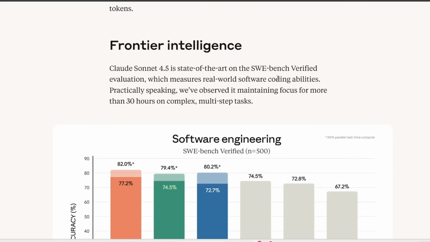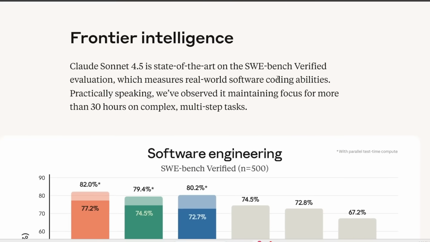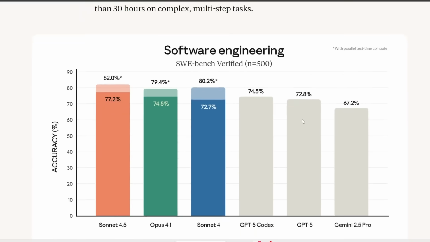The really interesting thing is that Claude 4.5 is able to focus for more than 30 hours to solve complex multi-step tasks. And if you look at this SWE-bench Verified benchmark, which is the benchmark they are very heavily focused on, you can see 4.5 is currently the leading model, even beating GPT-5 and GPT-5 Codex.